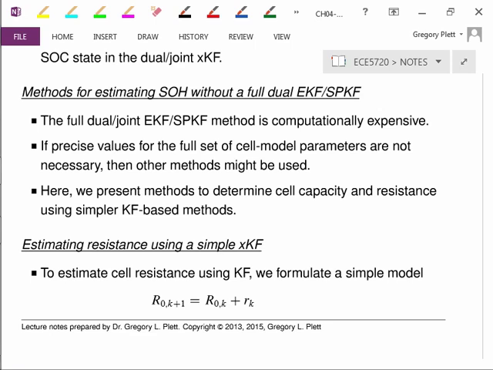So suppose some cell model parameters we assume don't change very quickly, and we just leave them as constant, and we estimate only a couple of cell model parameters as they vary with age. Then we might consider some simplified methods. And so here we finish up this section with some ideas for simple estimates of resistance and capacity.